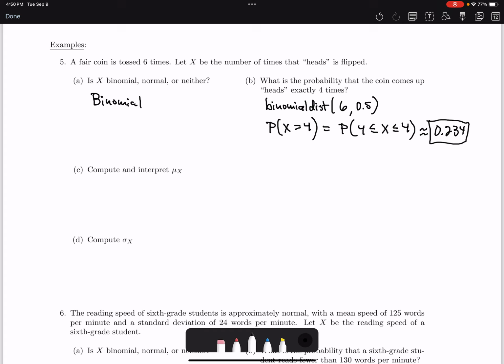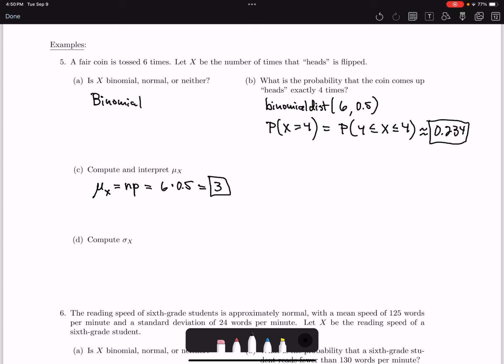Okay. Part C says to compute and interpret mu sub x. Well, for a binomial distribution, mu sub x is n times p. And n we already said was 6. p we already said was 0.5. So this is 6 times 0.5. 6 times 0.5 is 3. So that's the mean.